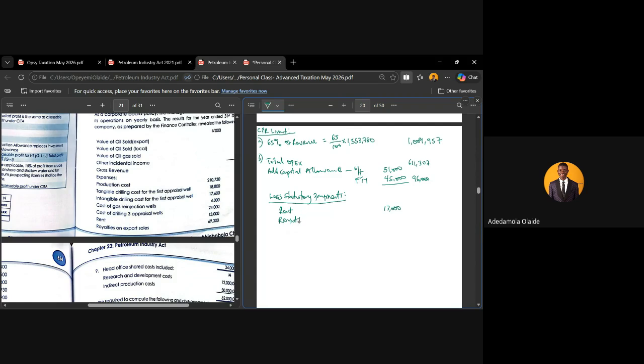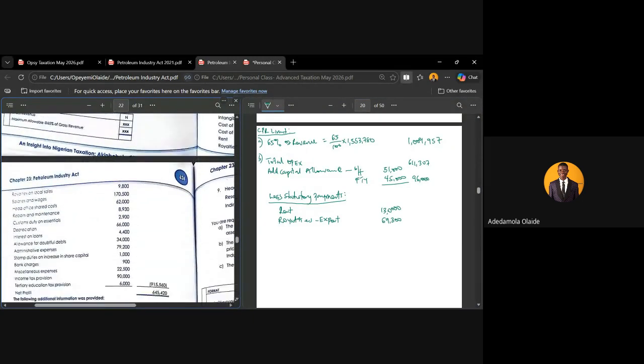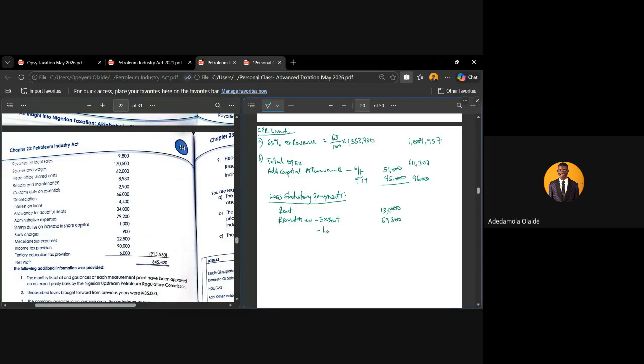Royalties on export sales, 69,300. Royalty on the local, we have 9,800.